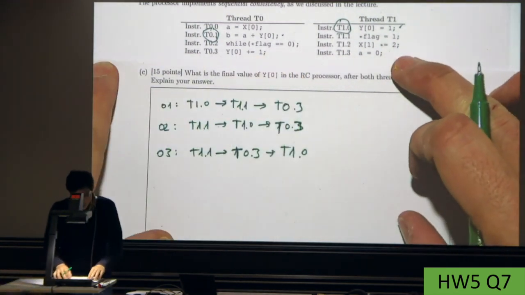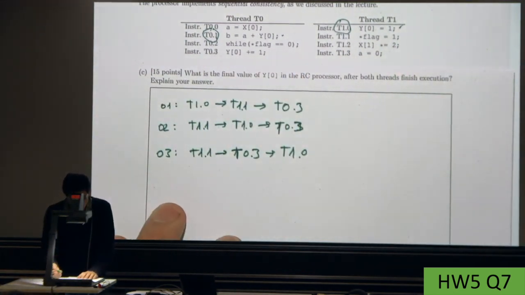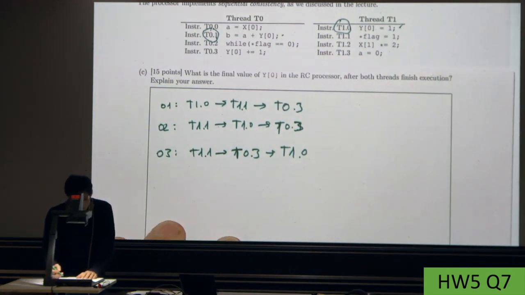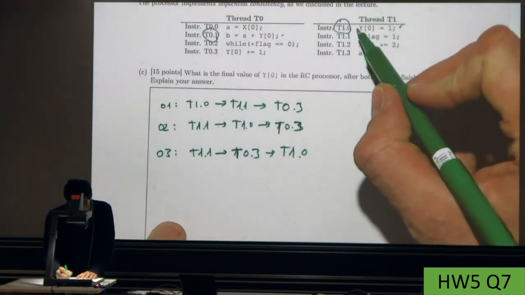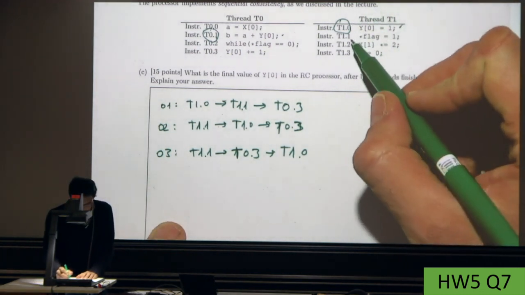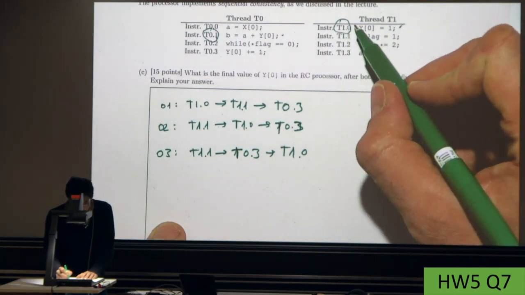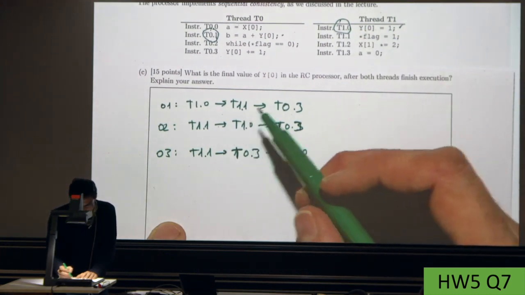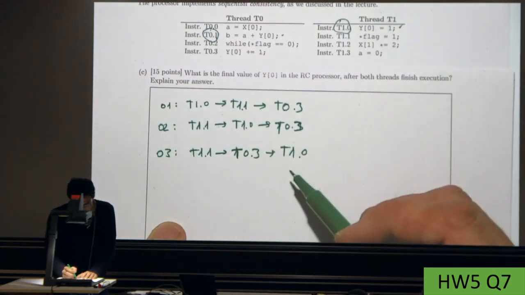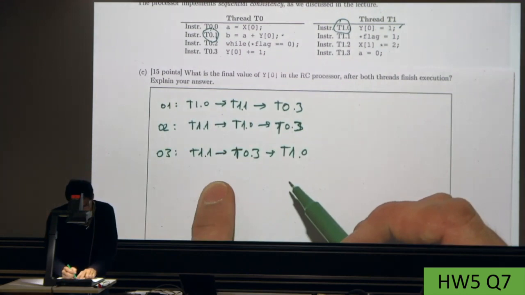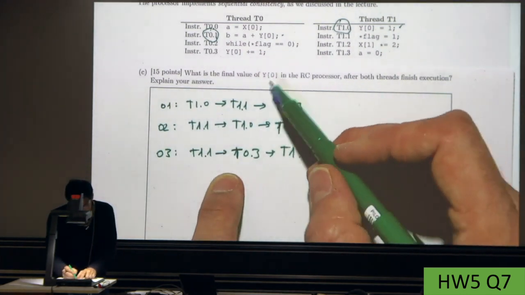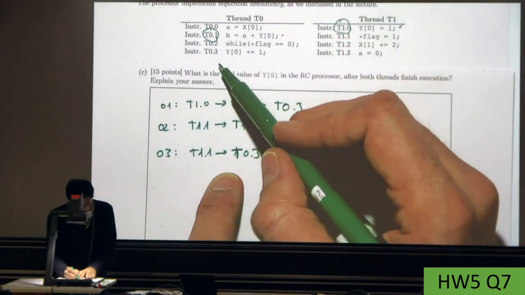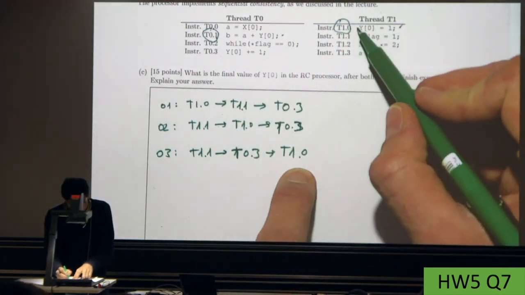Observe that here there is no guarantee of any ordering within the same thread, right? That's why T10 can happen before T11, or the other way around, which is what we see in O1 and O2, and similarly this T03 could even happen before T10. Why is that?